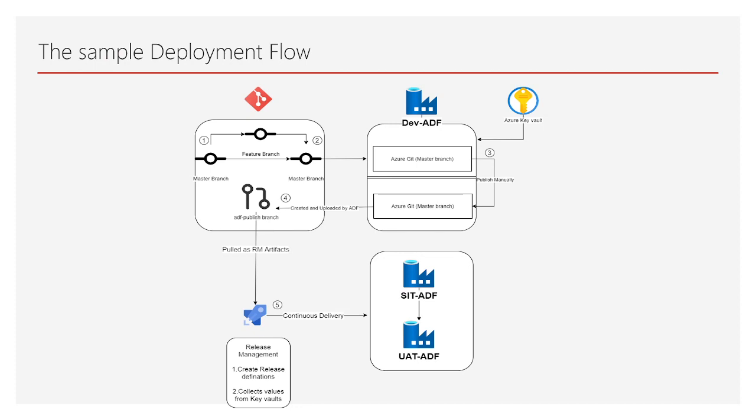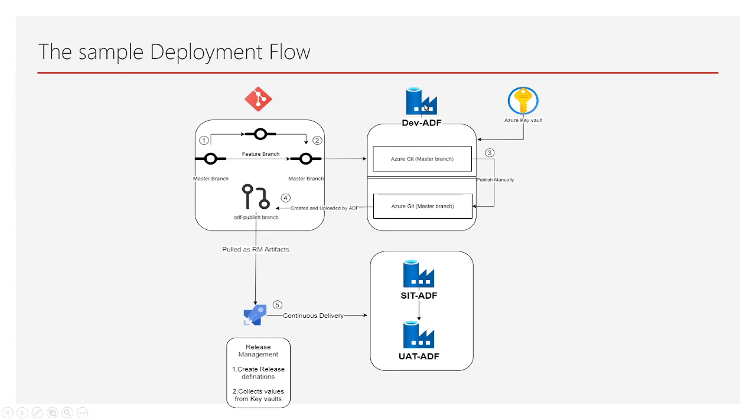Now the same way we follow coding principles, we have developed the feature branch and debugged it. Now in the second step, we are merging those things into the collaboration branch, that is the same as the master branch. Once this gets done in the master branch, this will reflect in the Azure Git part of your ADF.